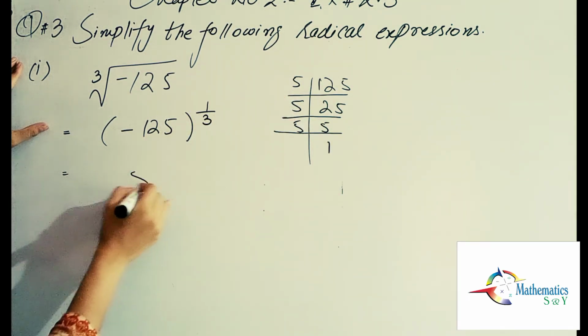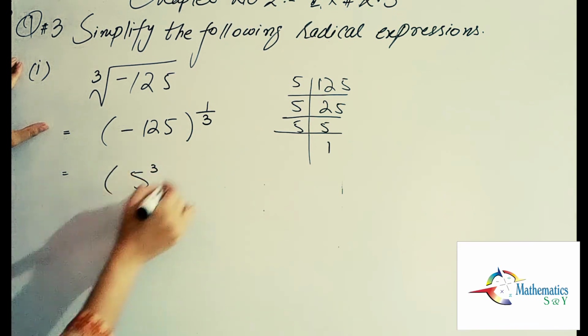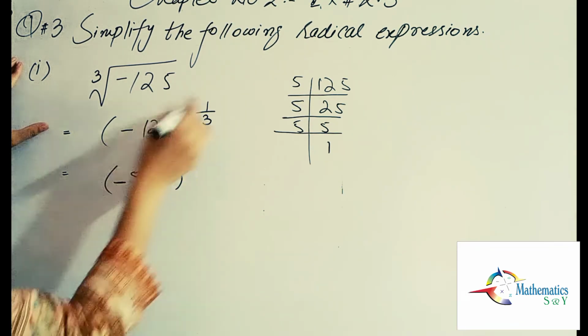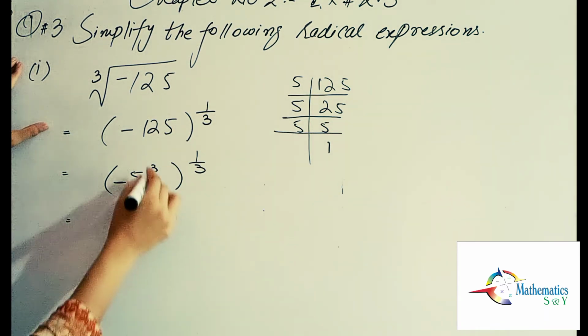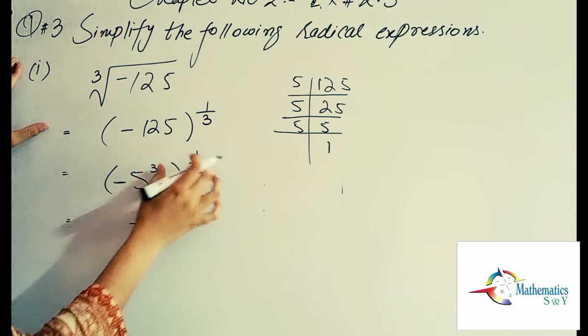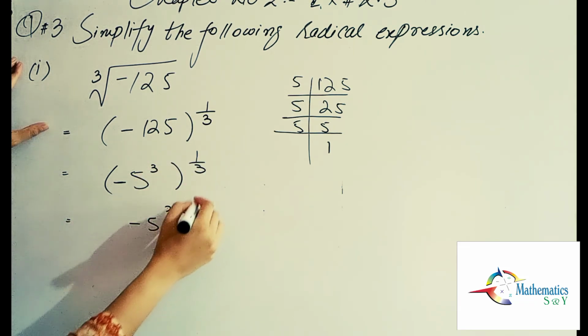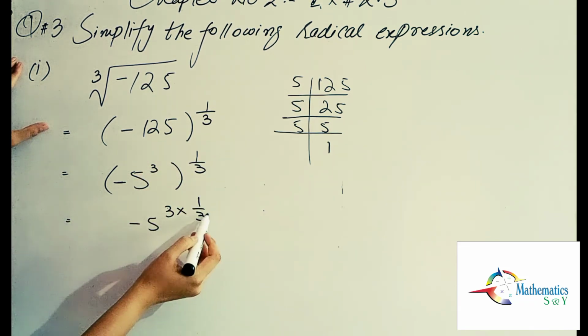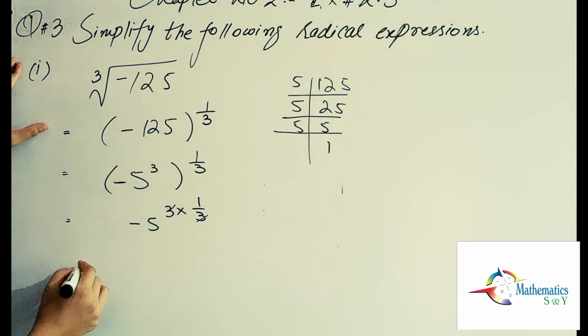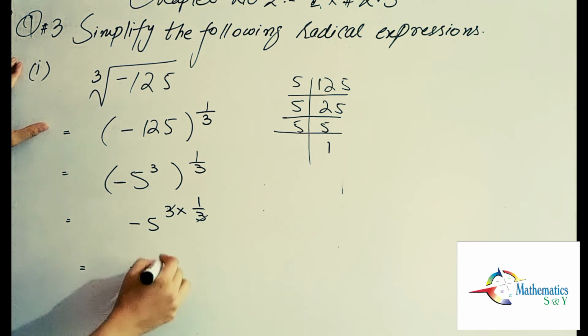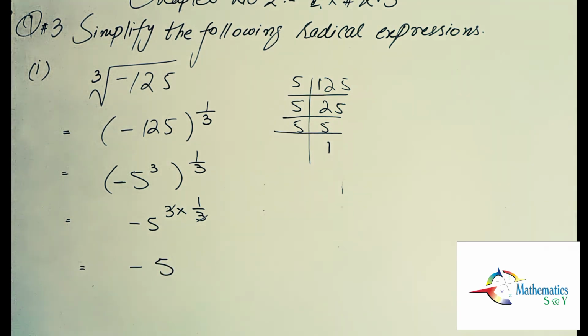It is 3 times. Minus is already here and its exponent is 1 by 3. So I am going to solve minus 5. When there are two exponents, they are multiplied. 3 multiplied by 1 by 3, both 3s are cancelled. So minus 5 has a power 1. It means this is equal to minus 5. So this is the simplified form of the given radical expression.